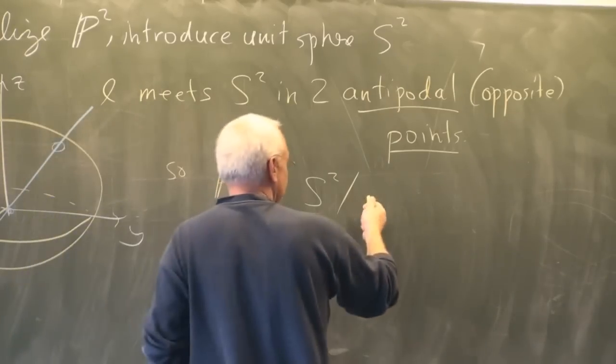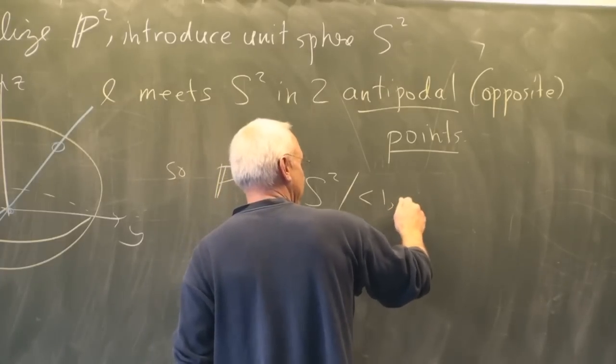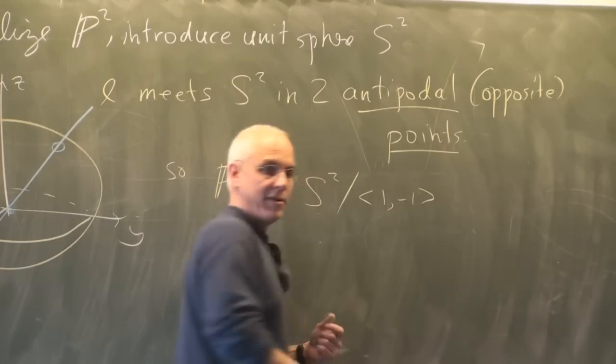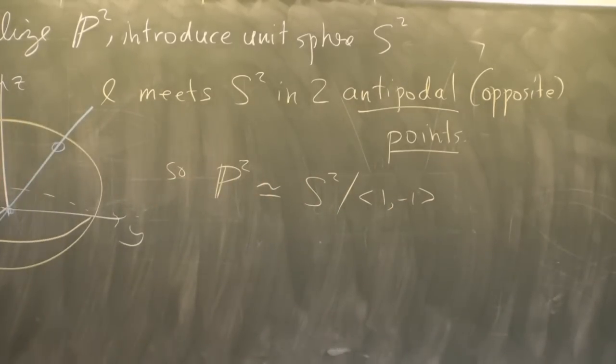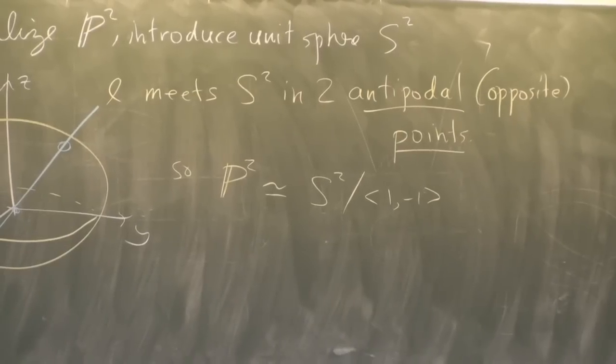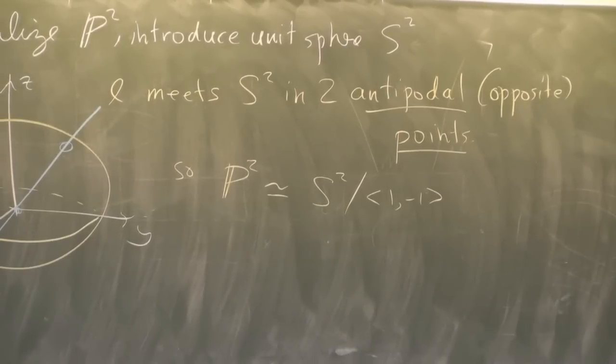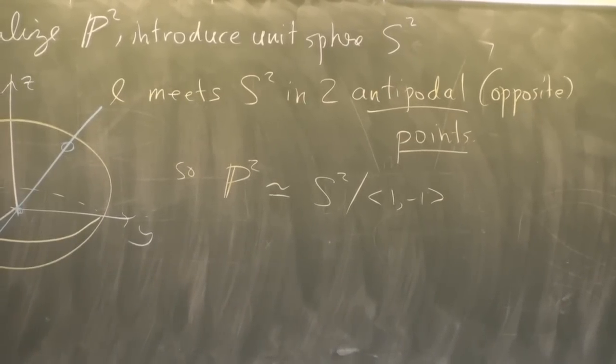It's a little group with 2 elements, plus and minus 1. It sends a vector v to minus v. We're identifying those.